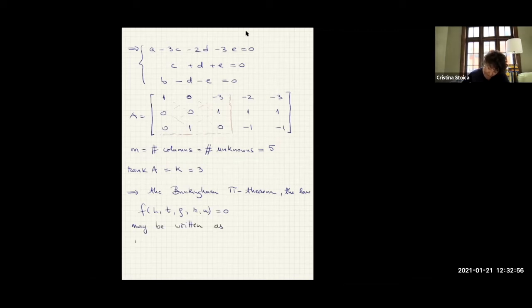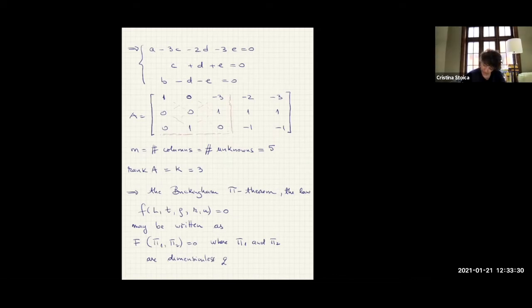as some f of pi 1, pi 2 equals 0, where pi 1 and pi 2 are dimensionless. Dimensionless is written with 1 L or 2? 2.